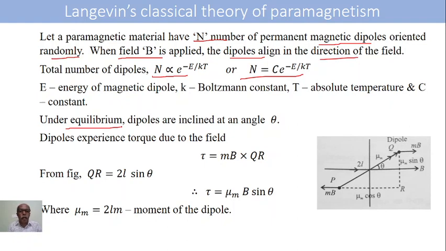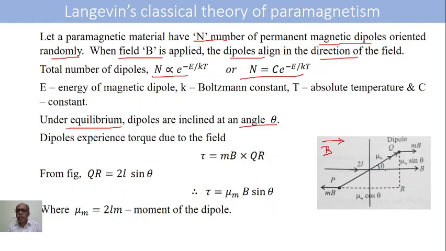Now, under equilibrium, let the magnetic dipole be rotated through an angle theta, as shown in the figure. PQ represents the magnetic dipole, and this is the direction of the magnetic field.